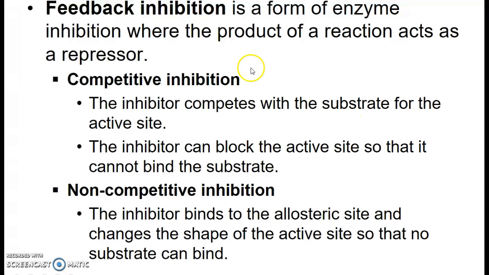In competitive inhibition, the inhibitor competes with the substrate for the active site, so the inhibitor blocks the active site so that the enzyme can't bind its substrate. In non-competitive inhibition, the inhibitor binds to the allosteric site and changes the shape of the active site so that no substrate can bind. So competitive inhibition is where the inhibitor is directly competing for the active site. Non-competitive inhibition is where the inhibitor is binding the allosteric site.